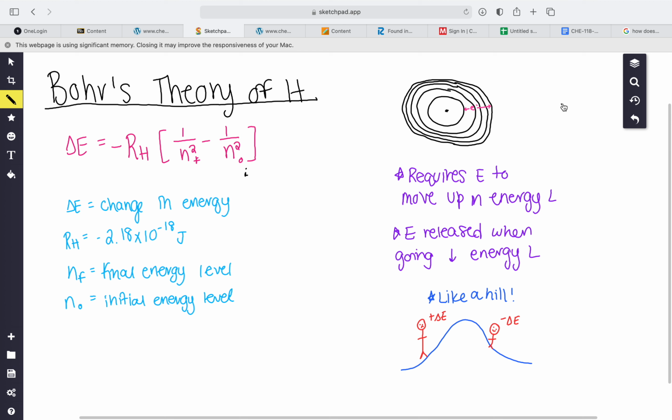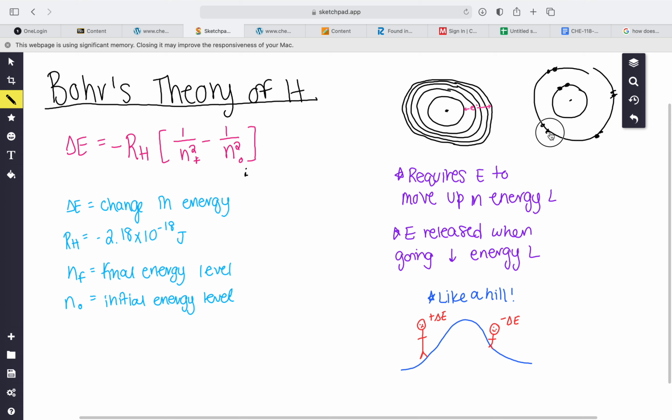You may have learned that in Bohr's model, you have your rings, these are your energy levels, and you have electrons that might look something like this, right? So you have those two, and you have these going around. This is the same Bohr's model that we're dealing with here. It's the same exact one.